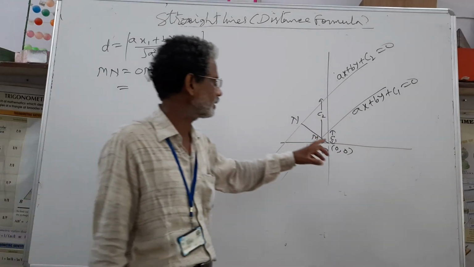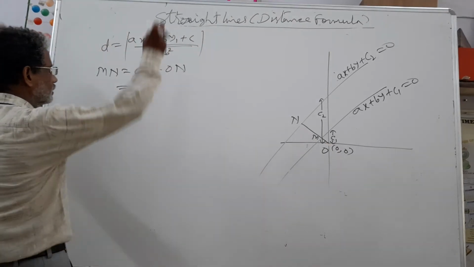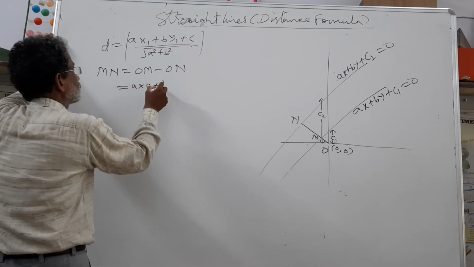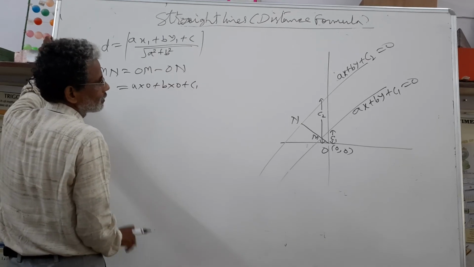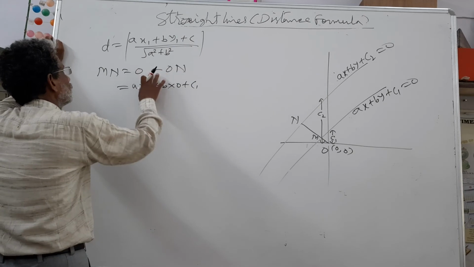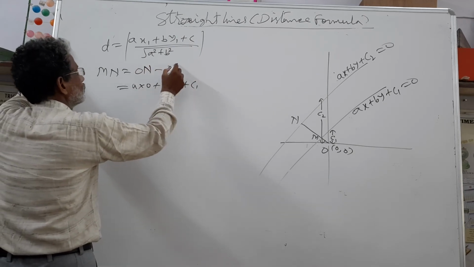If we draw perpendicular OM from the origin on the first line, then OM will be A into 0 plus B into 0 plus C1. Not OM minus OM, ON minus OM.